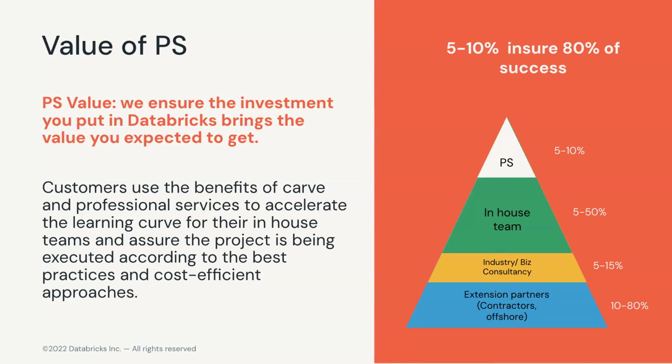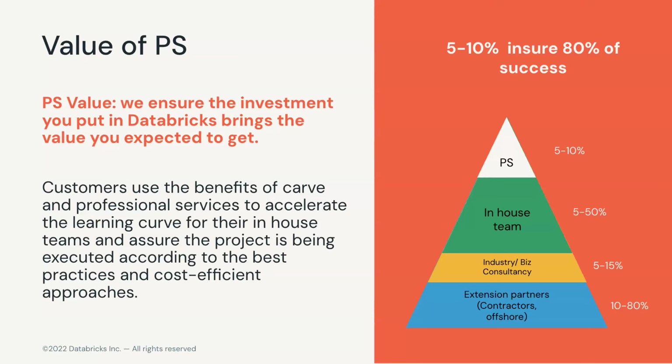And of course, you may see the ranges, for instance, of engaging the in-house team, industrial business consultancies, extension partners, offshore, which can be really, really different. But what we see as the common pattern of success across these complex engagements is that a single digit of professional services, up to 10% engagement, really ensures that all this pyramid you see below it is working as a machine, right?